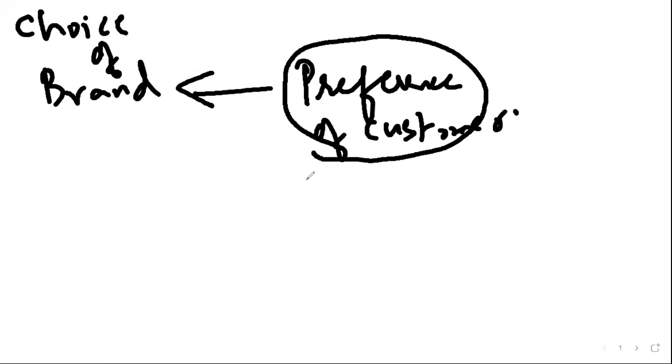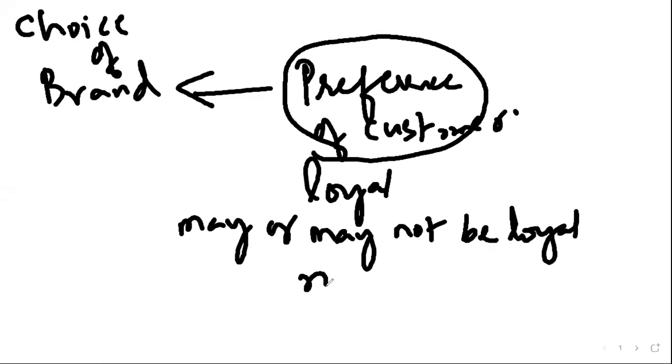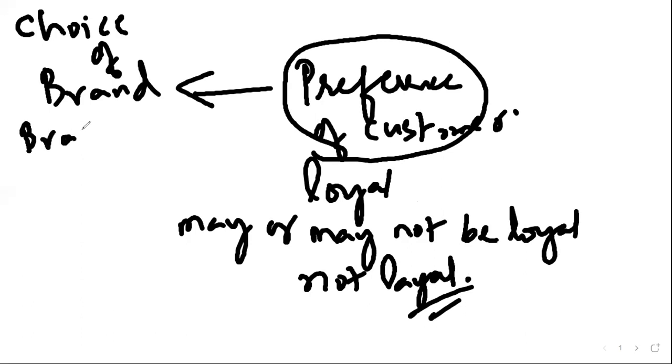Are they really loyal? May or may not be loyal. So you're trying to categorize for each of the brands. So here you have brand A, brand B, and brand C.